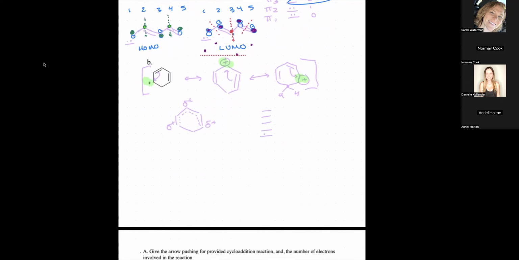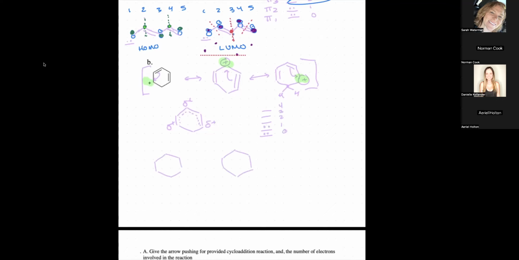Yeah, we get into this system of, oh, but we have a cation, so we actually only had 4 electrons. Okay. So how many nodes are in our HOMO? 1. And how many nodes are in our LUMO? 2. Yep.